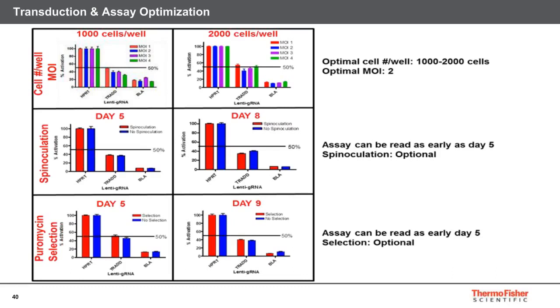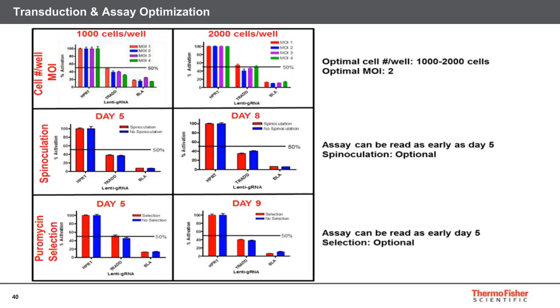So we used 1,000 cells per well or 2,000 cells per well and 4 different MOIs, and you can see that MOI of 2, which is shown by the blue bar here, is the optimal, because using higher MOI does not provide any additional advantage. So to save on the reagents, then that MOI is the optimal one to go with.